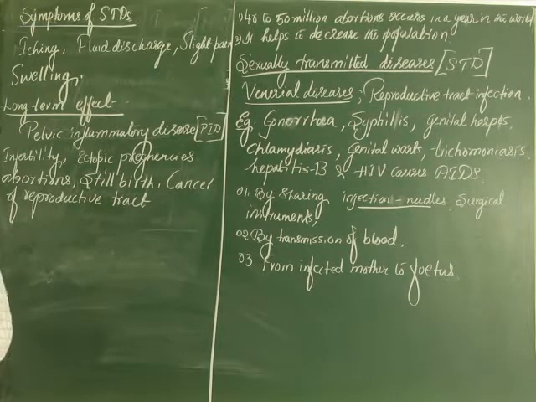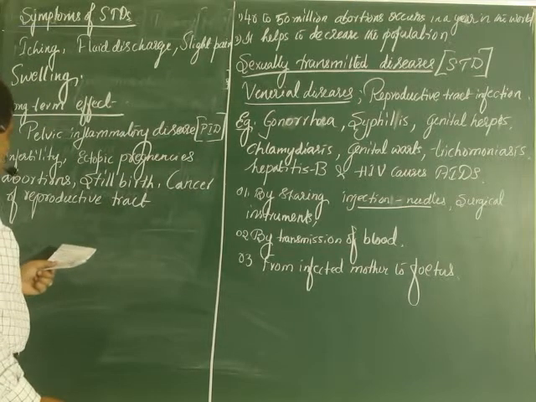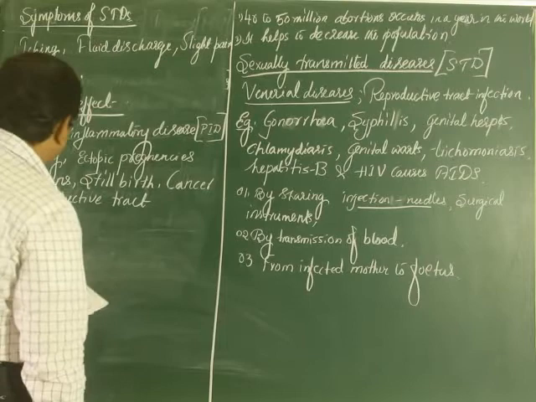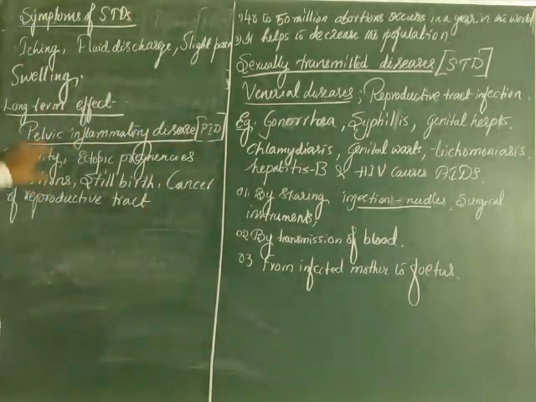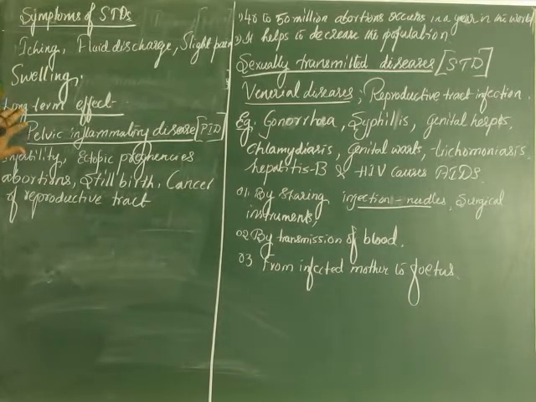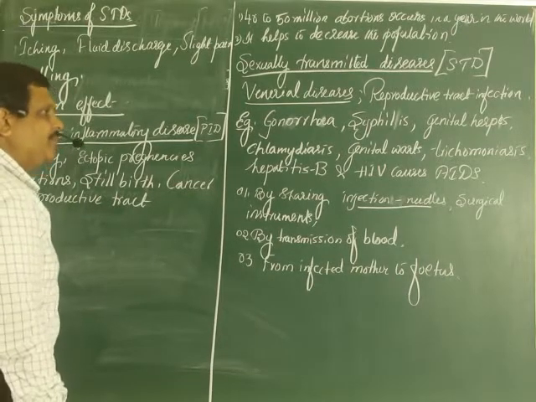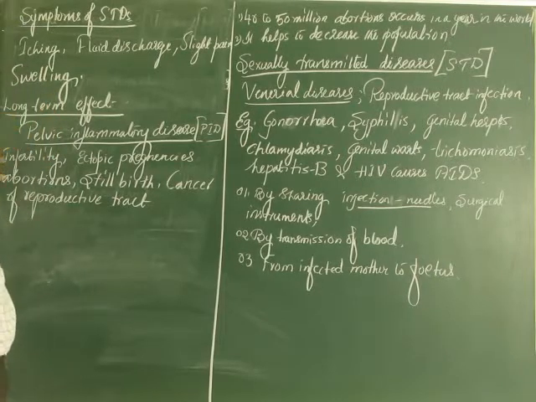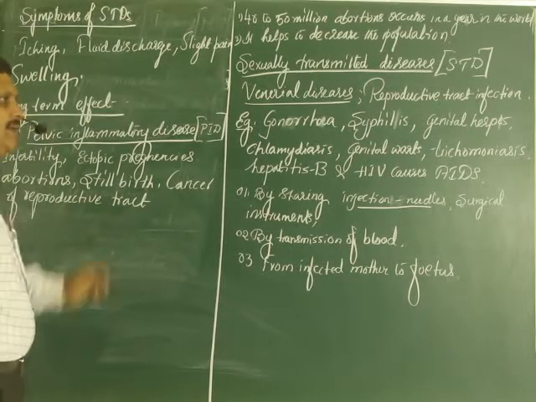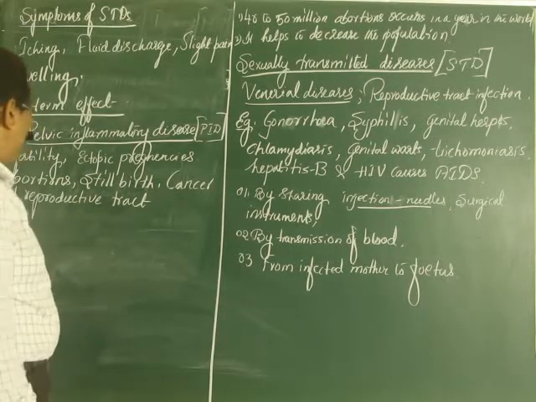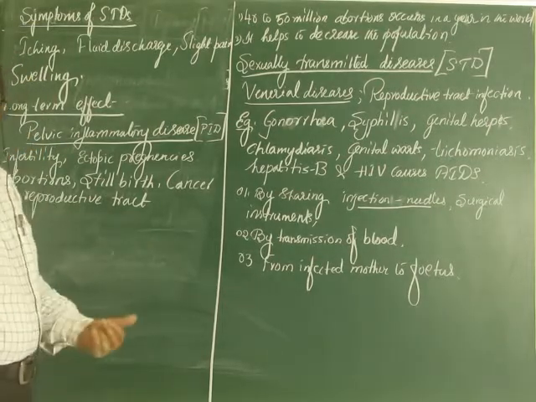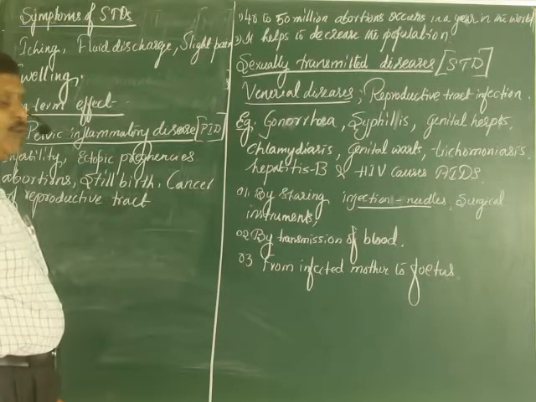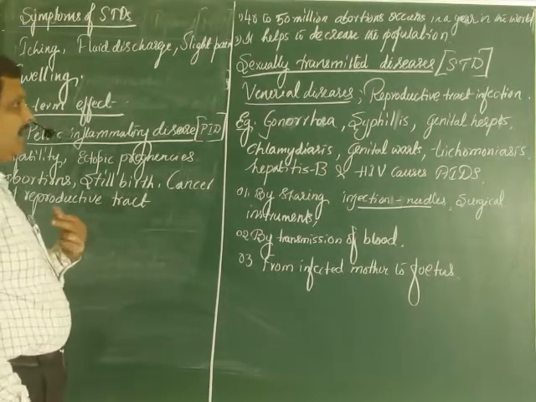So, dear students, these are all some of the dangerous long-term symptoms. One is pelvic inflammatory disease. If there is inflammation of the pelvic region, then there is every possibility that the lady may not conceive. Then infertility, because some of the pathogens directly cause infection to the prostate gland, and in such cases the prostate gland will be degenerated, or it is unable to produce the fluid.